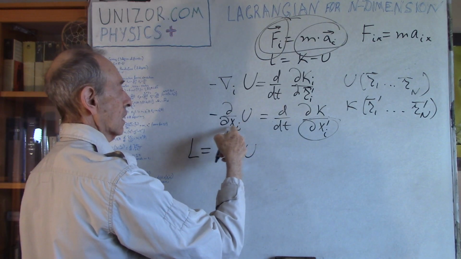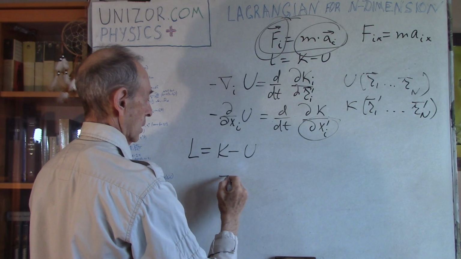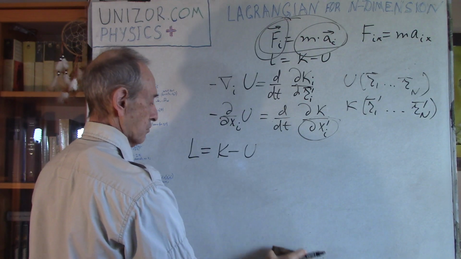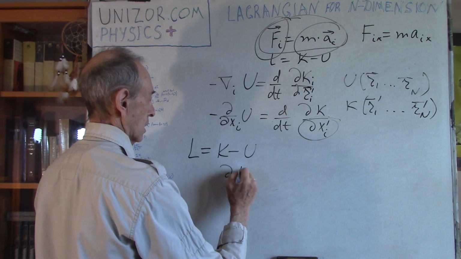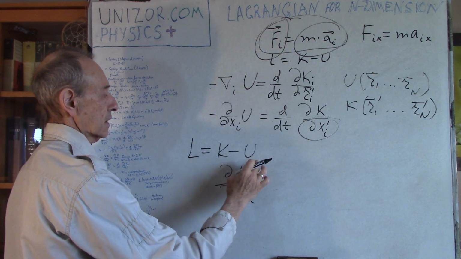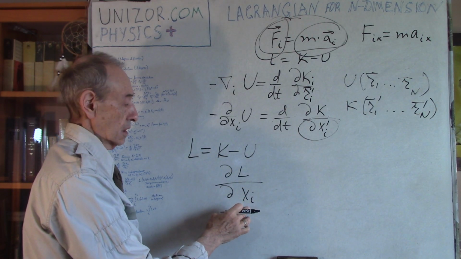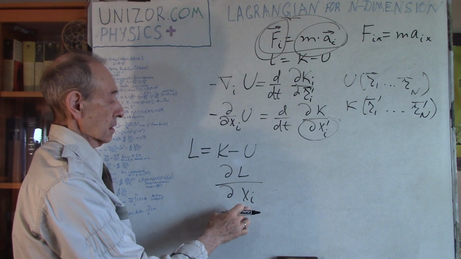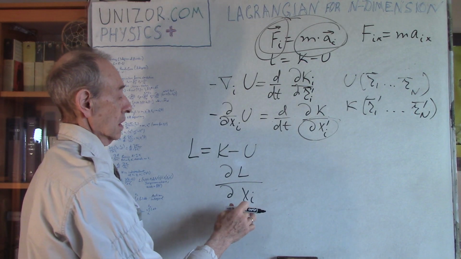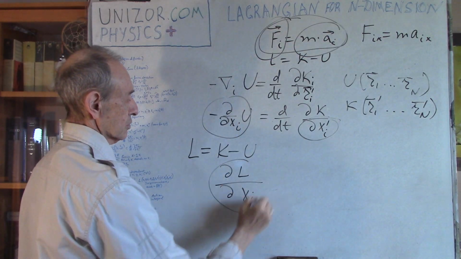So if instead of U here I put L, without minus, if I put dL by dxi, then since L is K minus U, differentiation of K by position is 0, because kinetic energy doesn't depend on position, it depends only on the speed, on velocities. So that would be exactly the same as this. So instead of this, I will use this.